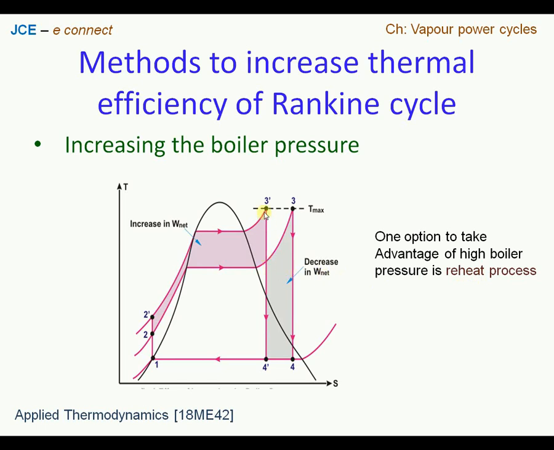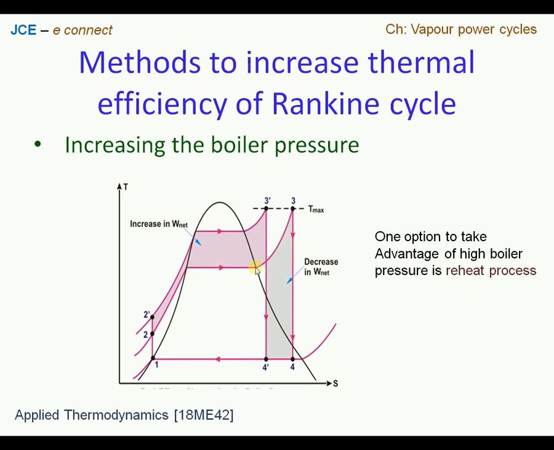In case of reheat, in the turbine, when the fluid is expanded from 3', it will be expanded partially in the high pressure turbine, and then before it encounters the saturated vapor curve, the fluid will be directed to the boiler and it will get heated up again at an intermediate pressure, and this intermediate pressure is called the reheat pressure, which is shown here with the arrow mark.